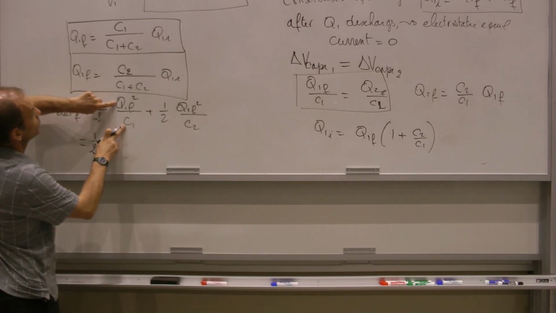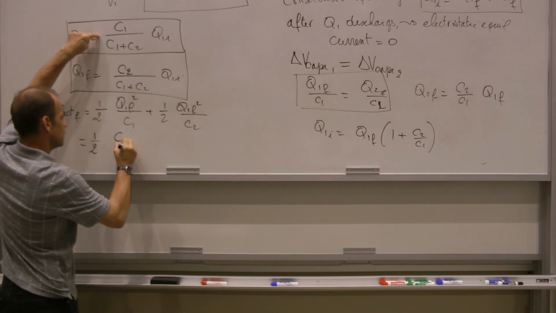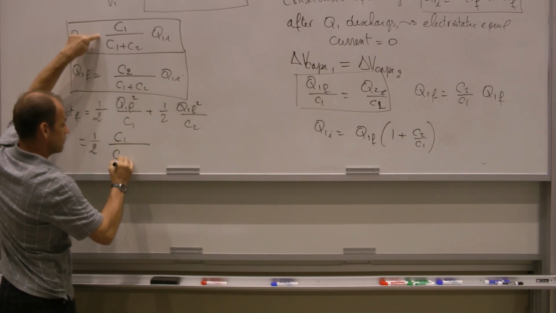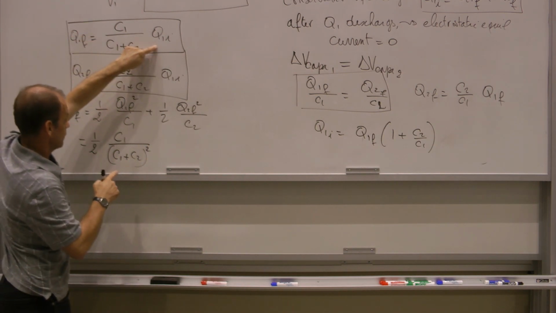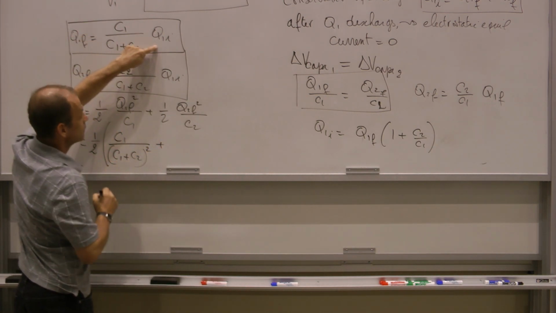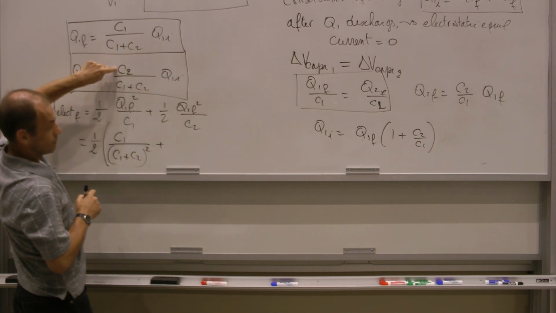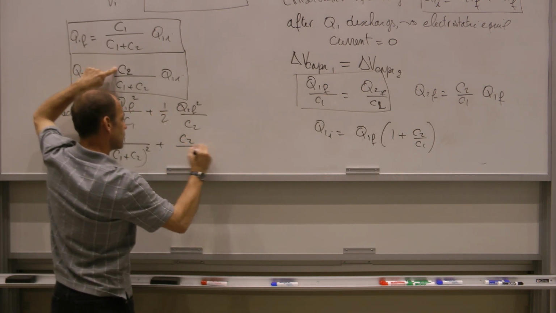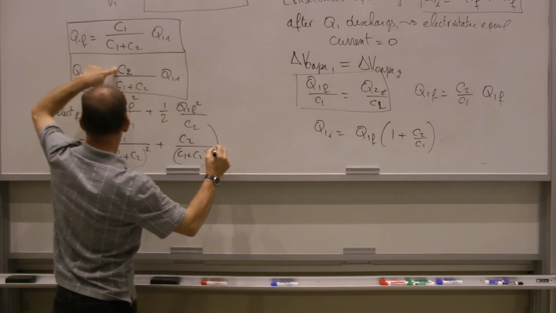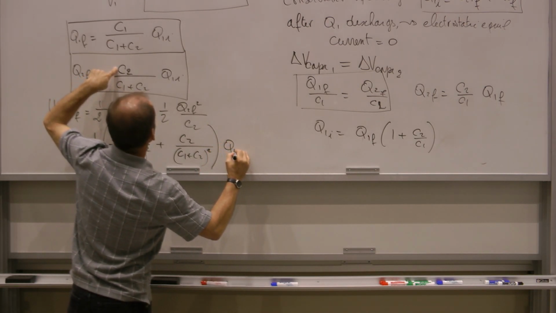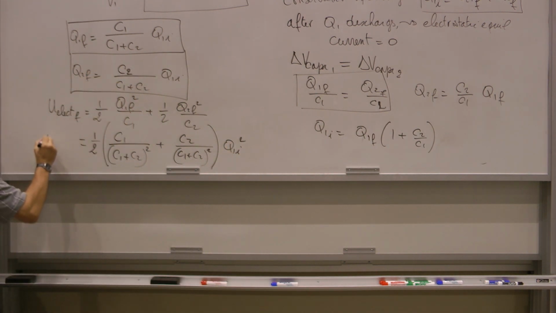I'm left with C1 in the numerator over C1 plus C2 squared, plus, with the same gymnastics, C2 divided by C1 plus C2 squared. Here's the U electric final.